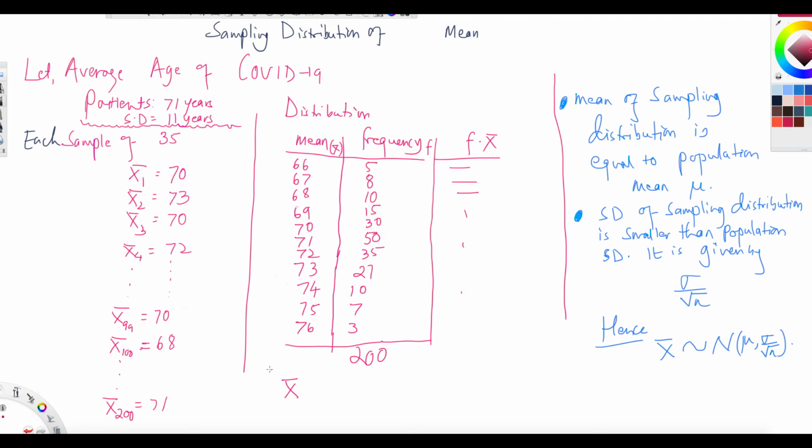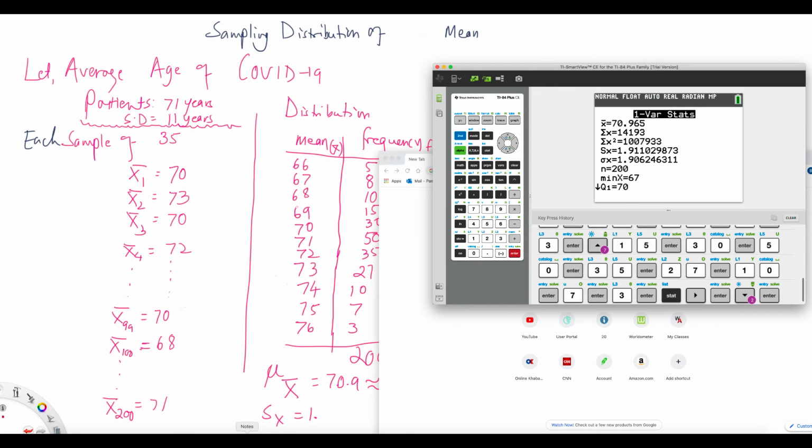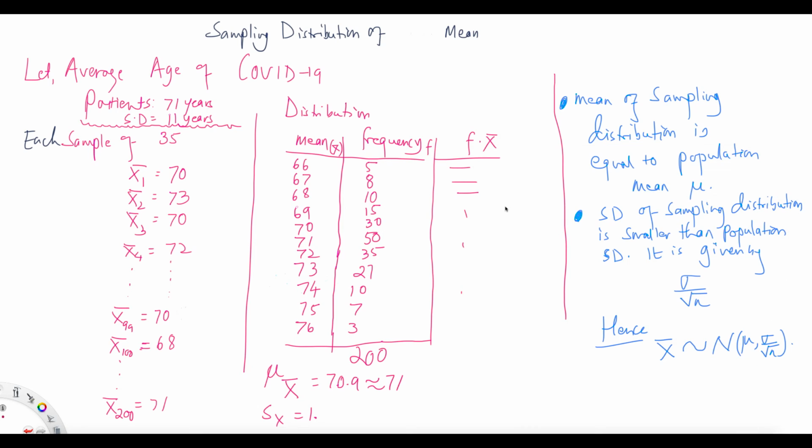People usually write this as mu x bar. That is 70.9, almost 71 years. And Sx is 1.91. We write s x bar because this is the standard deviation of the x bars. That is 1.91.